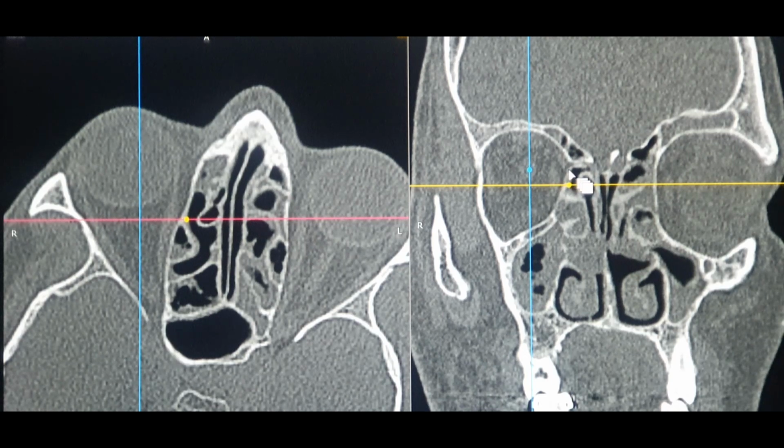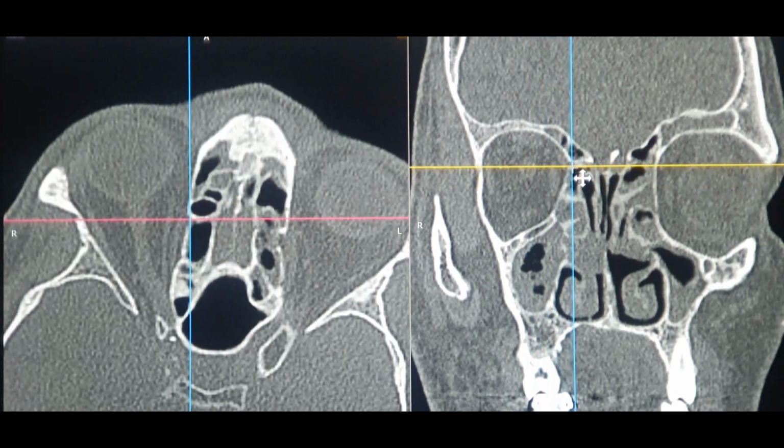The Kennedy nipple sign, as we normally call it, is the conical shape of the lamina papyracea projecting from the orbit into the ethmoidal roof, and that's the area of the anterior ethmoidal artery. If I keep my cursor exactly on that area, you can see that this is the place where the anterior ethmoidal artery is coming from.